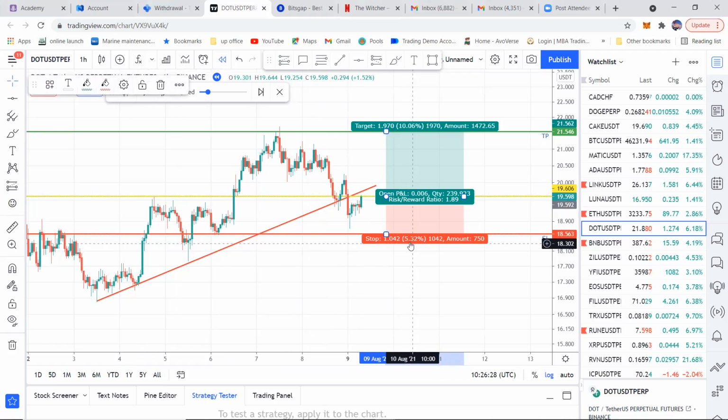You can also see that written just here. Well, it's 5.32, but close enough. So that particular percentage is going to help us calculate what size trade we're going to take out.